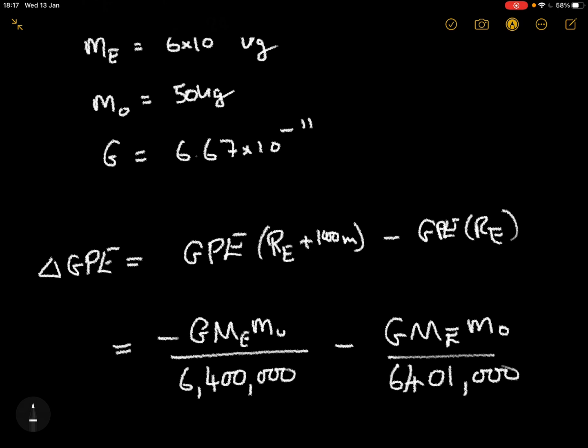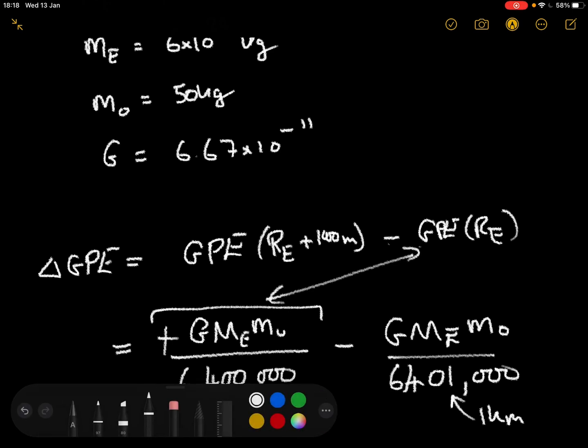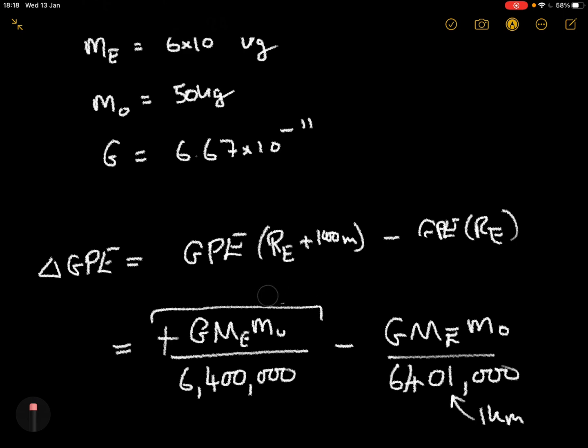So essentially what I've done is I've added 1 kilometre to this bit. I've also counted the fact that these things are negative, so that becomes a plus, because that's a minus and GPE is a negative. I just accounted for my negatives there.